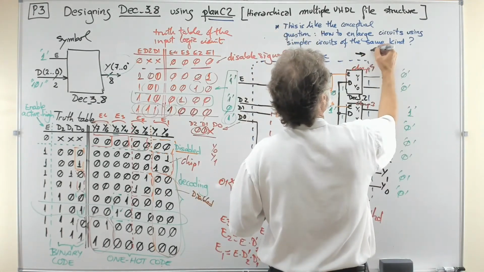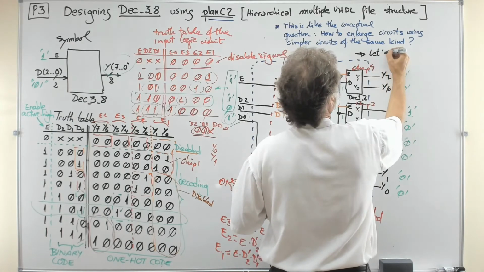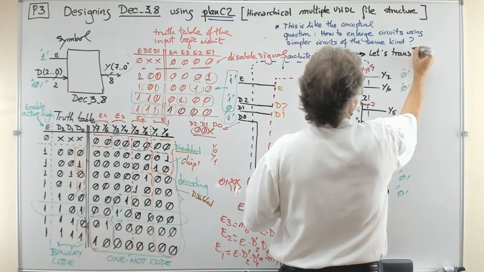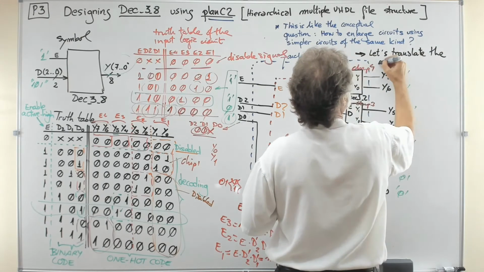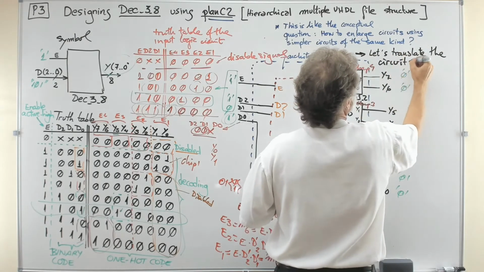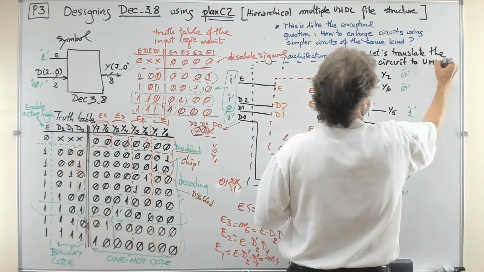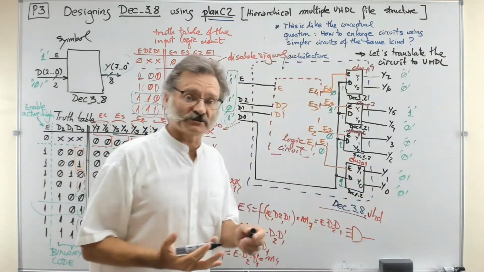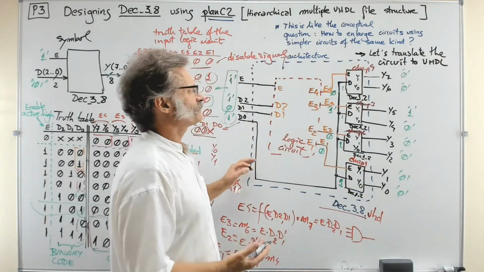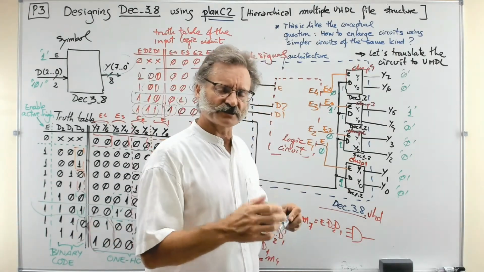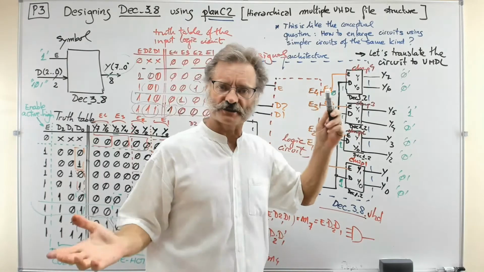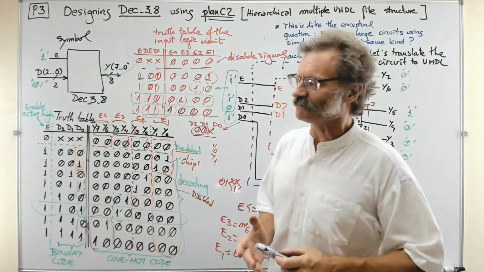So now let us translate the circuit to VHDL in the usual way, which is, let's find something similar, like for example the MUX8 that was invented using the same plan C2, or any other circuit invented using the plan C2.